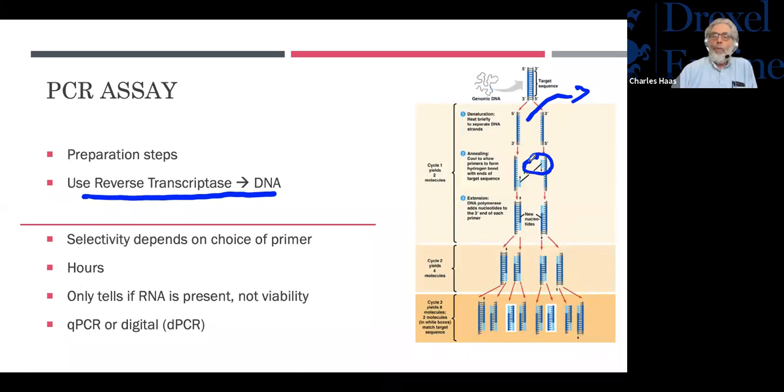We want to be sure that we only amplify, which is what this process is called, the target organism that we're focused in on. So you can think of this as a selective photocopy machine, where the selectivity is governed by how those primers are selected and developed.